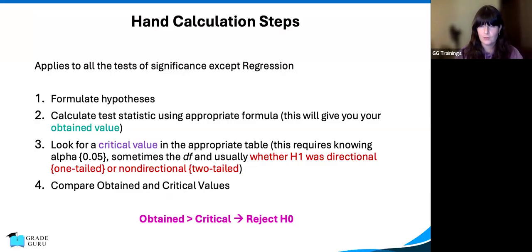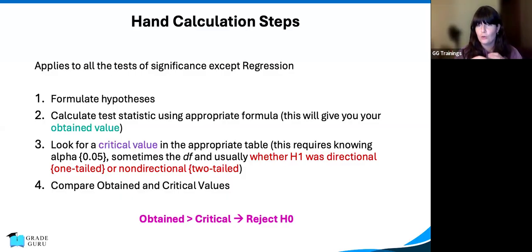So you start always with your H0 and your H1. Then you calculate your test statistic using the appropriate formula. This is what gives you your obtained value. So the obtained is always what you calculate. Then step 3, you look for a critical value in the appropriate table. In that table, it requires that you know your alpha, which is always 5%. Sometimes you need to know your degrees of freedom, such as in the t table.